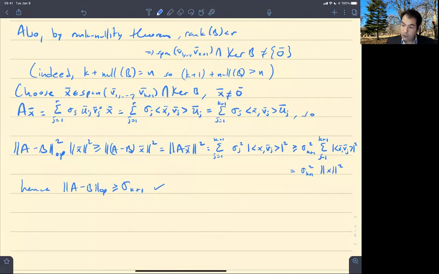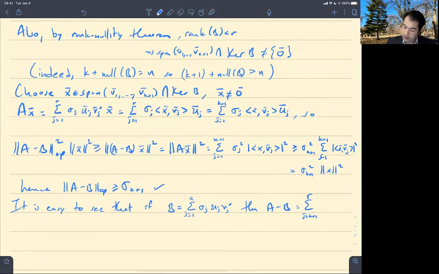Okay, so on the other hand, it's easy to see that if B is equal to the sum j goes from 1 to k of sigma j u_j v_j star, then a minus b is, well, it would be the sum j goes from k plus 1 to r of sigma j u_j v_j star, right?